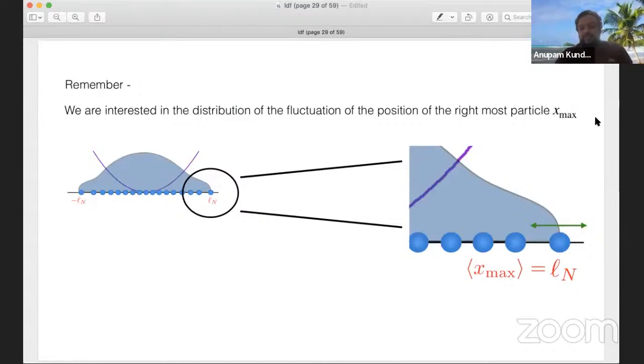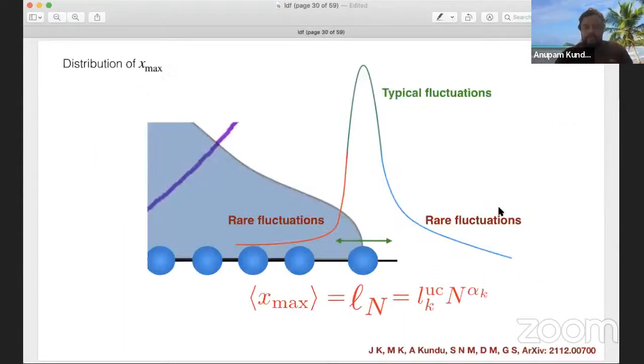So once again, of course, on average, x_max will sit at the edge of the density profile, which is L_N, and it will fluctuate around this edge. So it will have some typical fluctuations, and then you'll have some large fluctuations about this mean position. And the mean position scales with N as N to the power alpha_k.